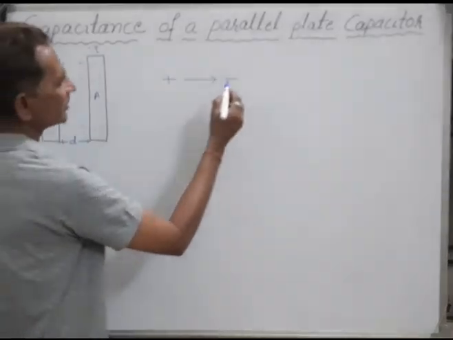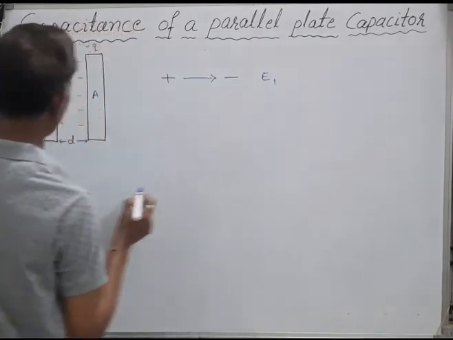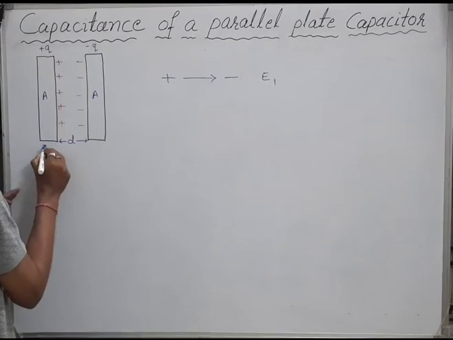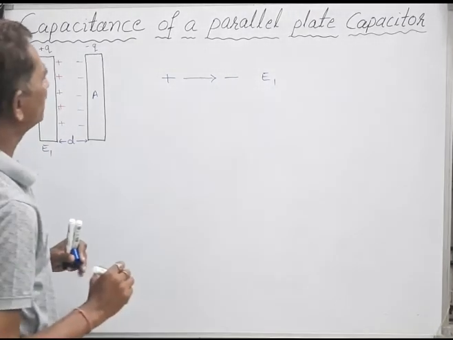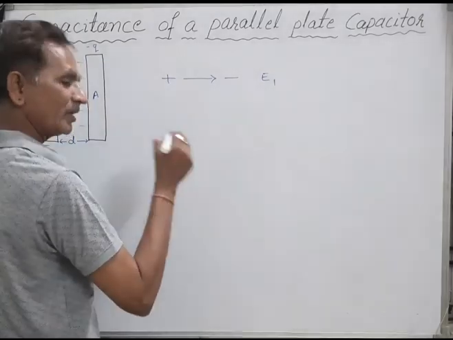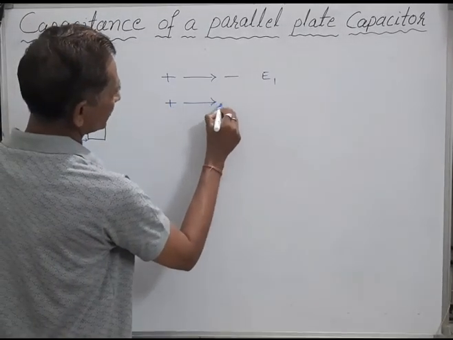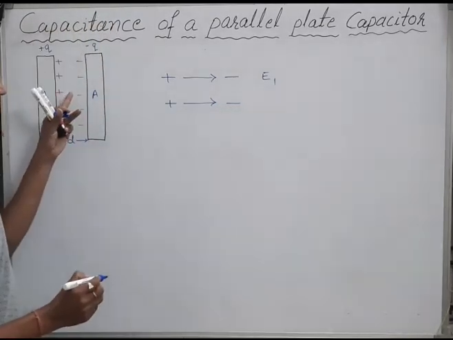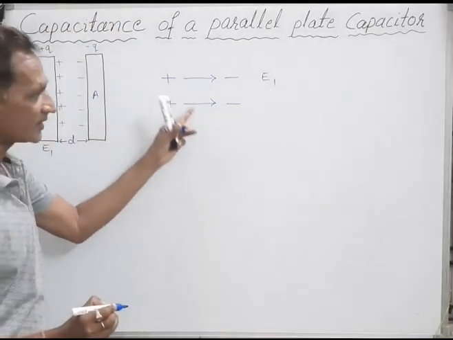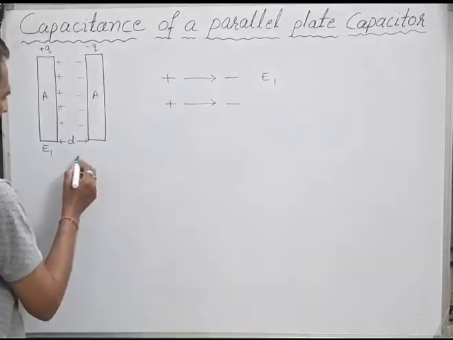Therefore, whatever electric field we get from the first plate is considered as E1. And for the second plate, the electric field also starts from positive to negative charge, and the direction is the same as before.